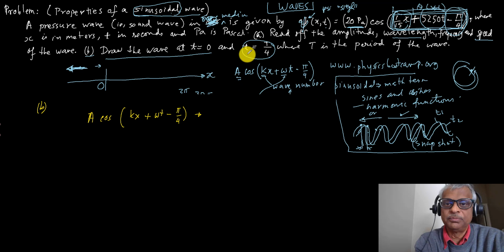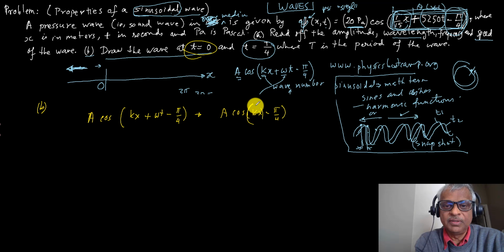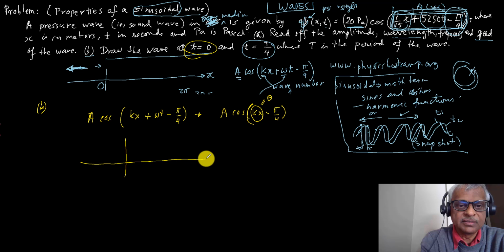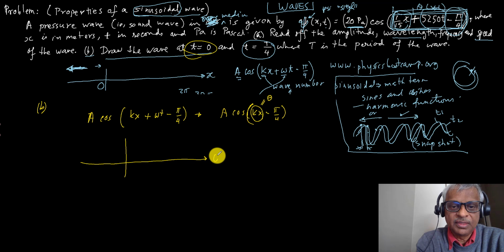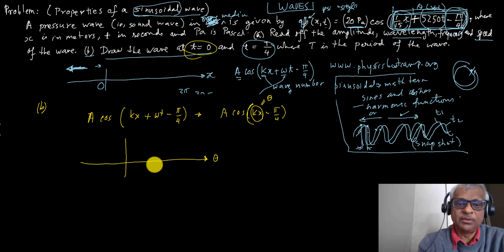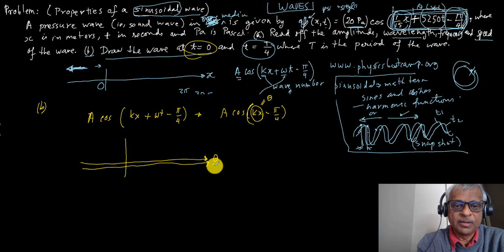So for t equal to 0, I'm plotting a cosine of kx minus pi over 4. If you think of this as a theta, let's plot it like this. If I have a theta this way, that corresponds to x being 0, theta equal to 0.